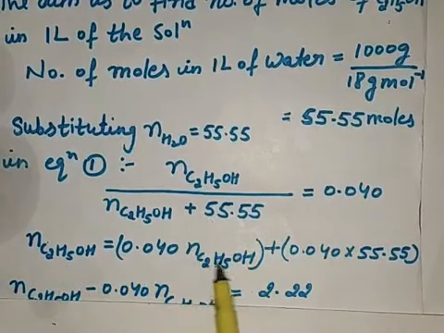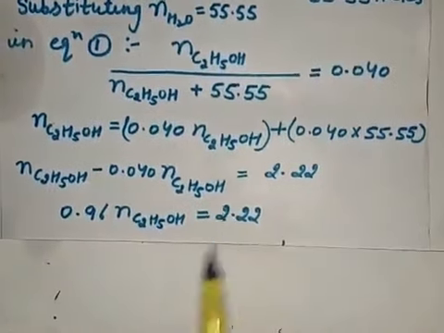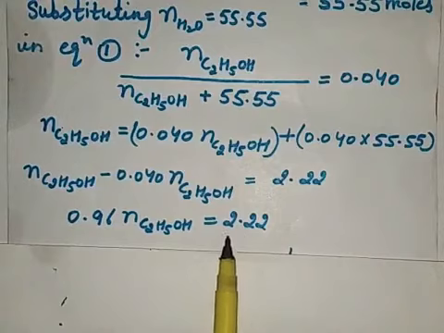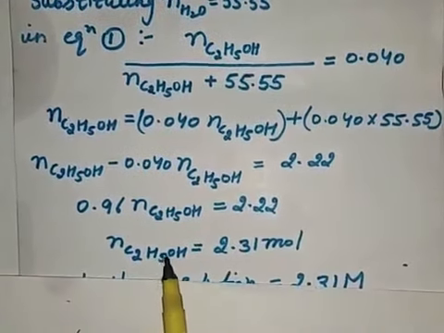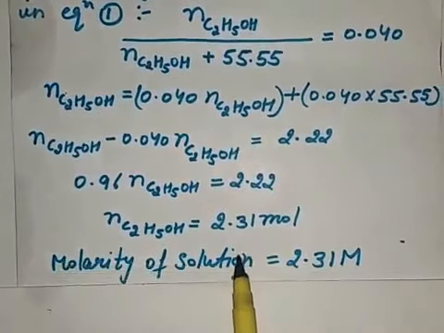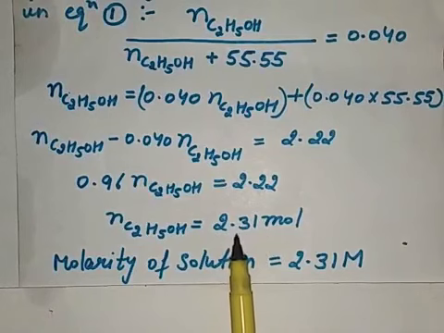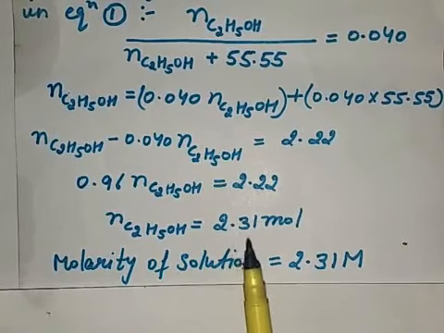Here there is simply calculation. When you solve it, the number of moles of ethanol is equal to 2.31 mole. Now this is the number of moles, but we have to calculate the molarity of the solution.